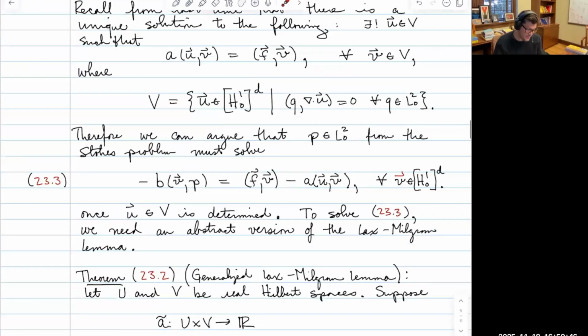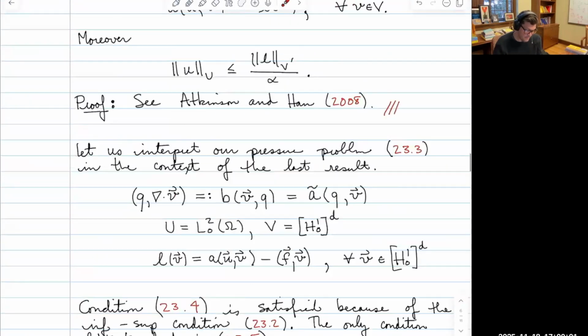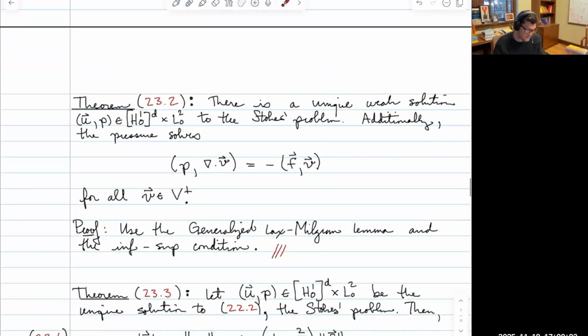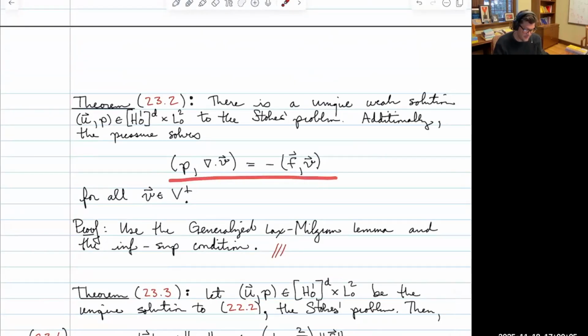let's see, I apologize for going back. Once we know that p solves this equation, if v is taken to be in V perp, then this term goes away. If v is in V perp, that term goes away by the definition of V perp, and all we're left with is this guy.